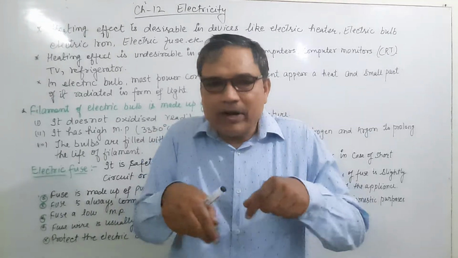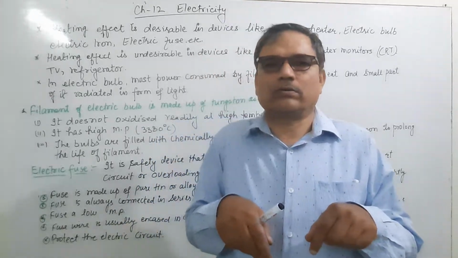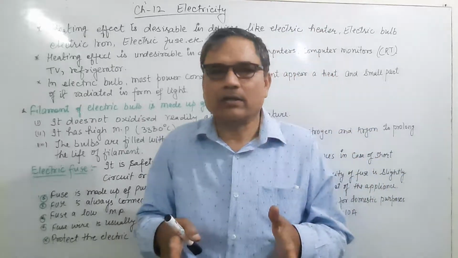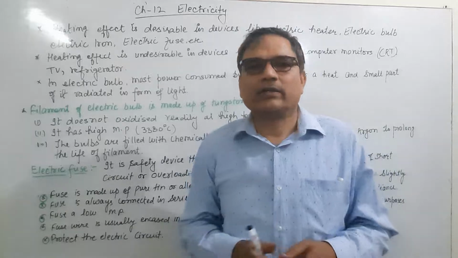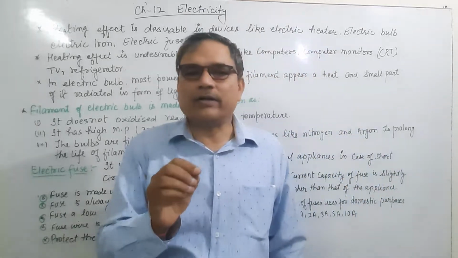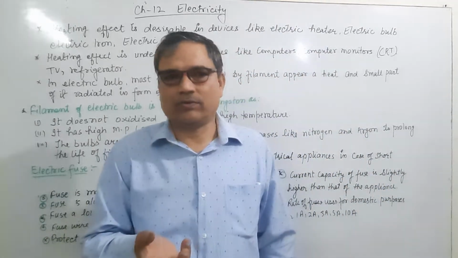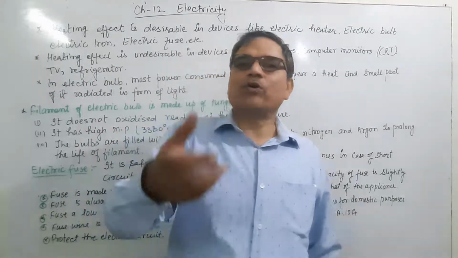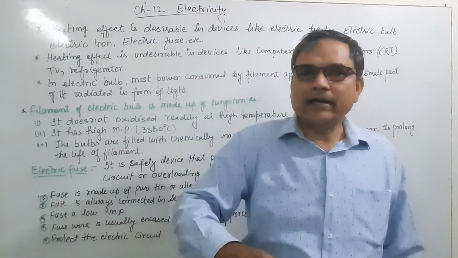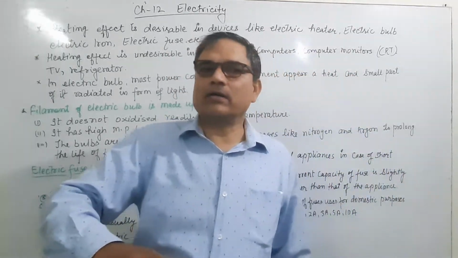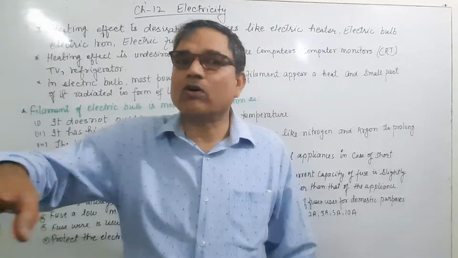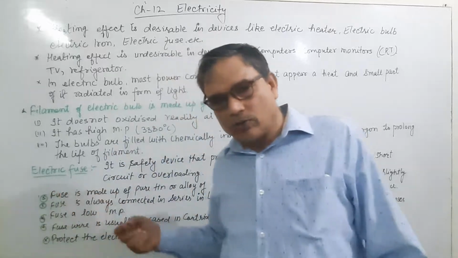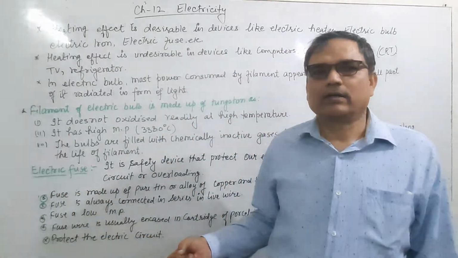The element used in the electric heater is highly resistive, which produces a large amount of heat, and that element is comparatively more resistive than the wire or the cord connected to the heater.